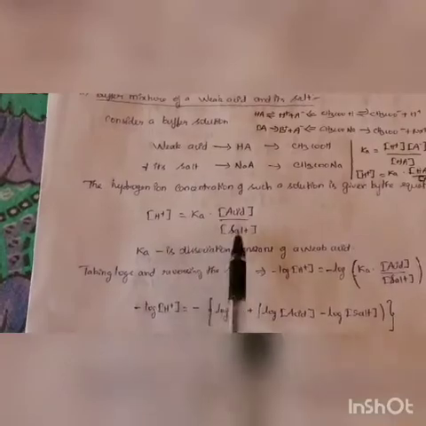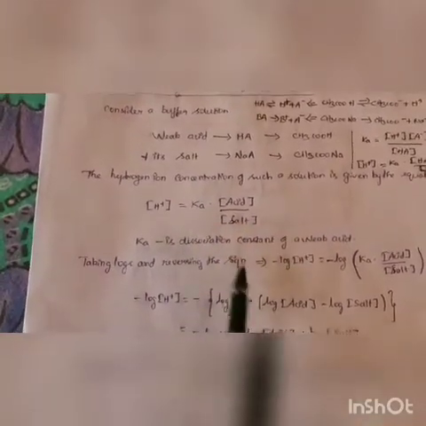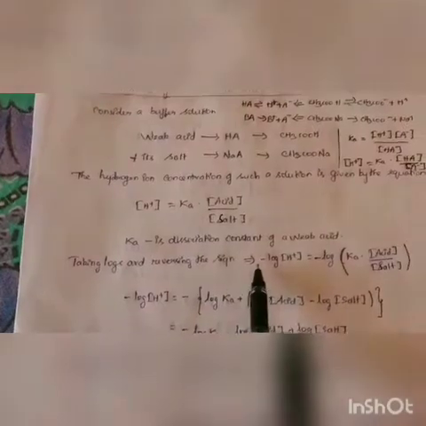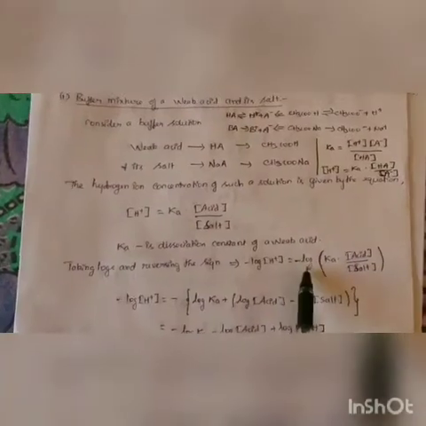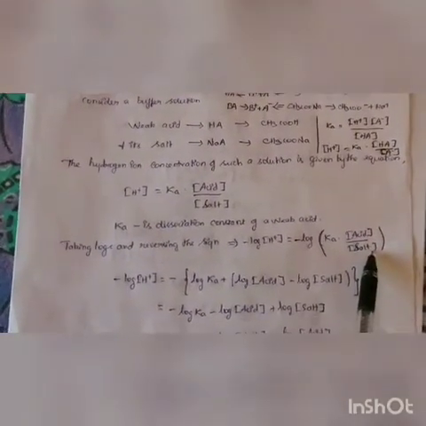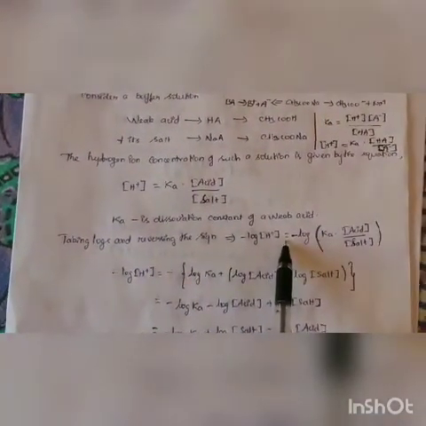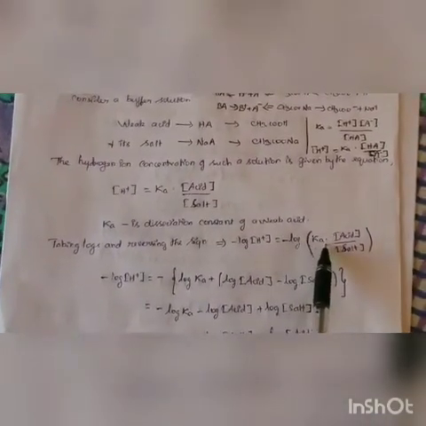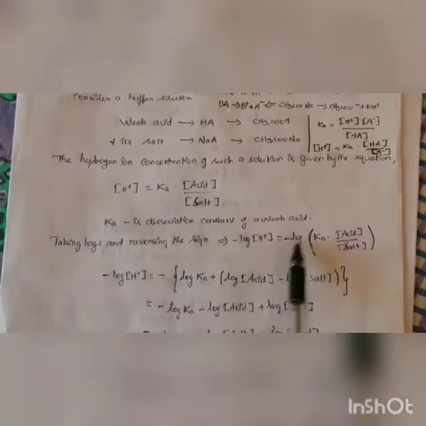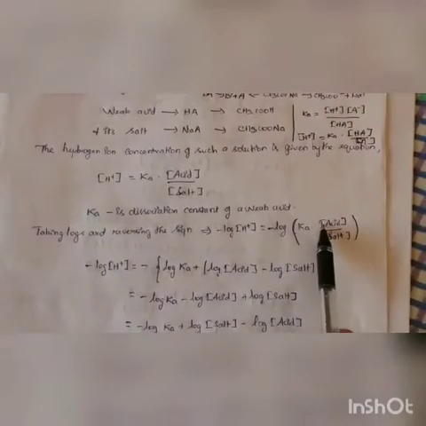So taking log on both sides and reversing the sign, we take minus log H plus is equal to minus log of Ka into acid concentration divided by salt concentration. So minus log of H plus is equal to minus log Ka, and log of a product becomes a sum, so plus log of concentration of acid.